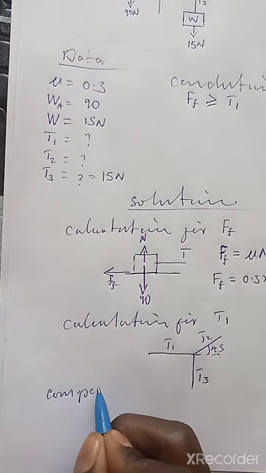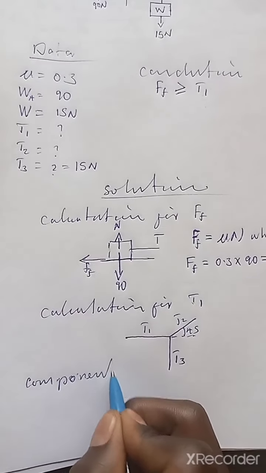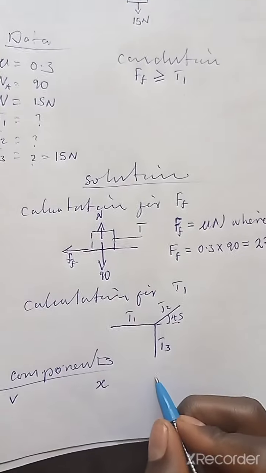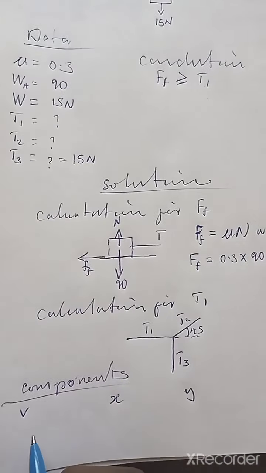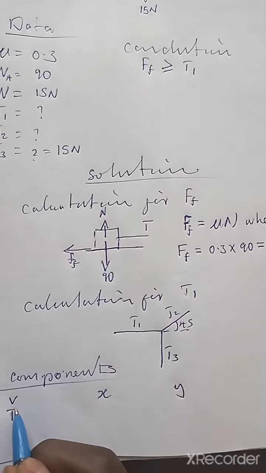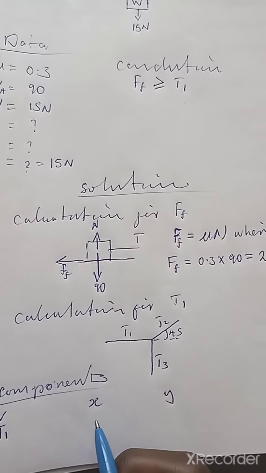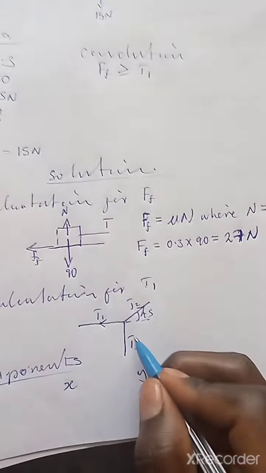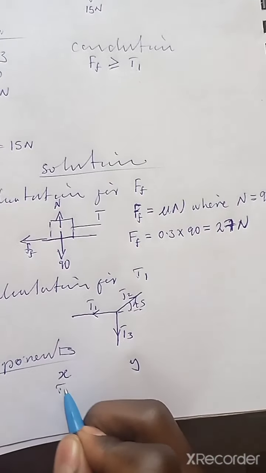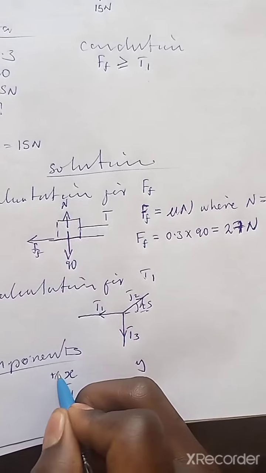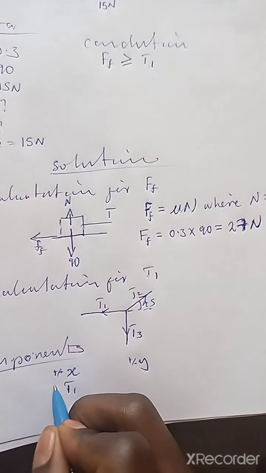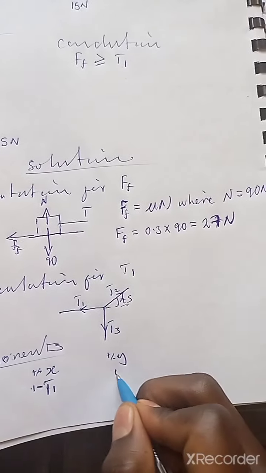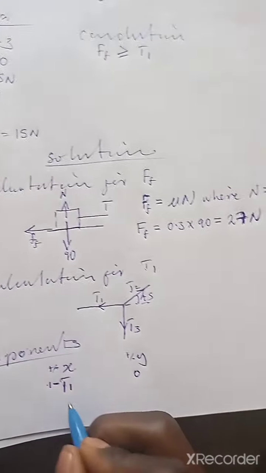We have the vectors, the x component and the y component. For T1, the x component goes in that direction, so we say positive or negative. This is negative, not positive. Then the y component is 0.